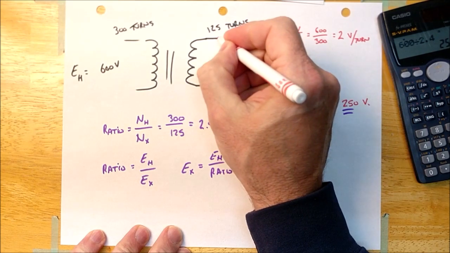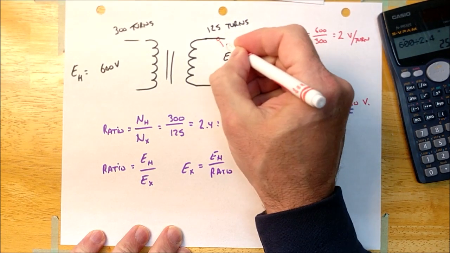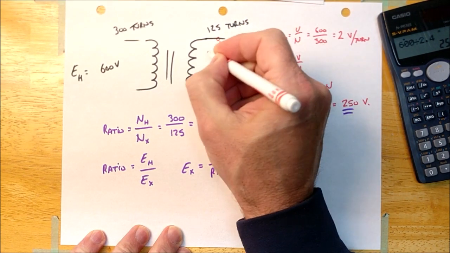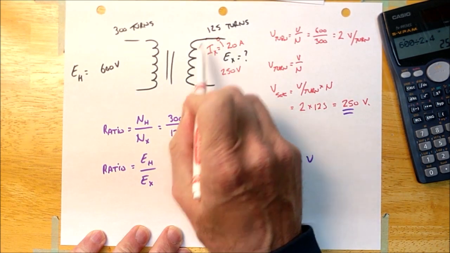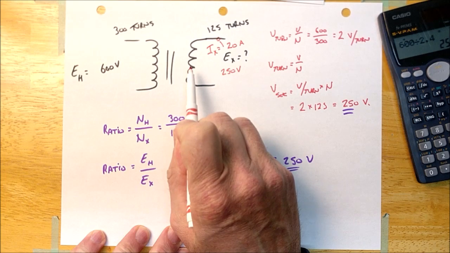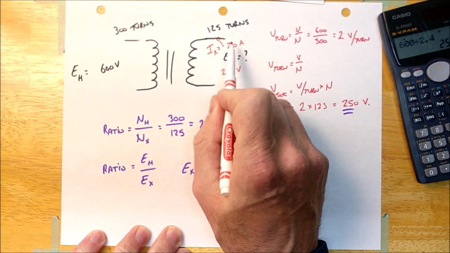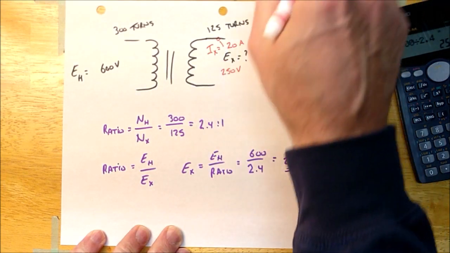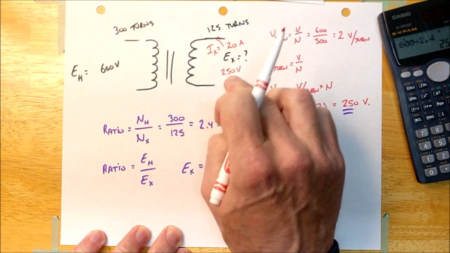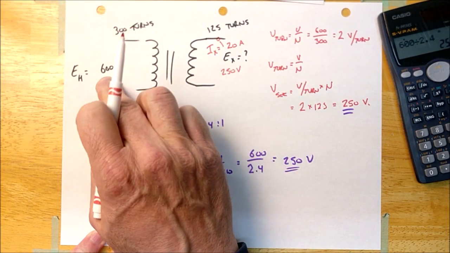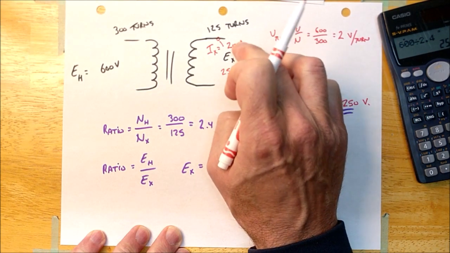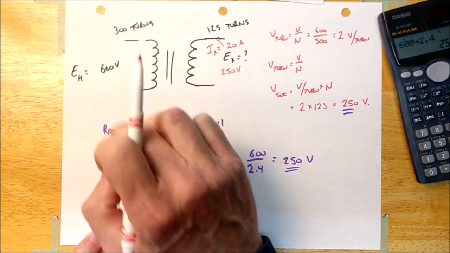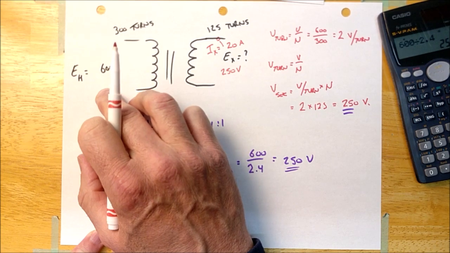But I'm going to walk over here and I'm going to notice that the current here is 20 amps, okay? And this is going to be IX, okay? It is the current on the low voltage side, okay, guys? And it's 20 amps. And if I have a transformer, guys, and the voltage is 600 to 250, then the current on the secondary side is going to be higher than the current on the primary side.